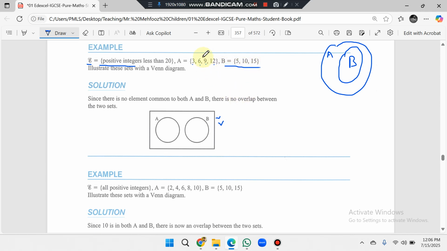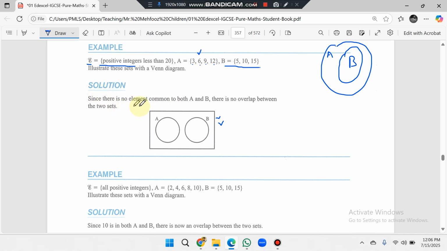If you are writing this set A in the form of a rule, you can write it as the multiples of 3 less than 15. And if you are interested to write set B in rule form, you can write it as the multiples of 5 less than 20, right? Or you can also say that the first three multiples of 5. It's up to you.